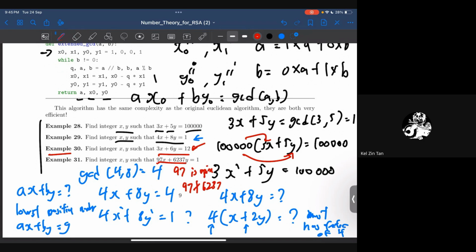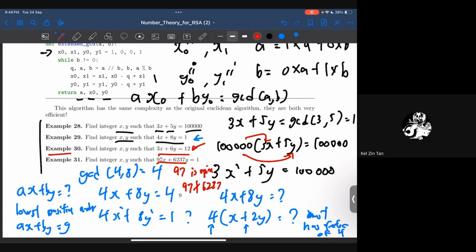Okay, I hope this is clear. Any questions? I think this Bézout's lemma sometimes appears in crypto questions in CTF.